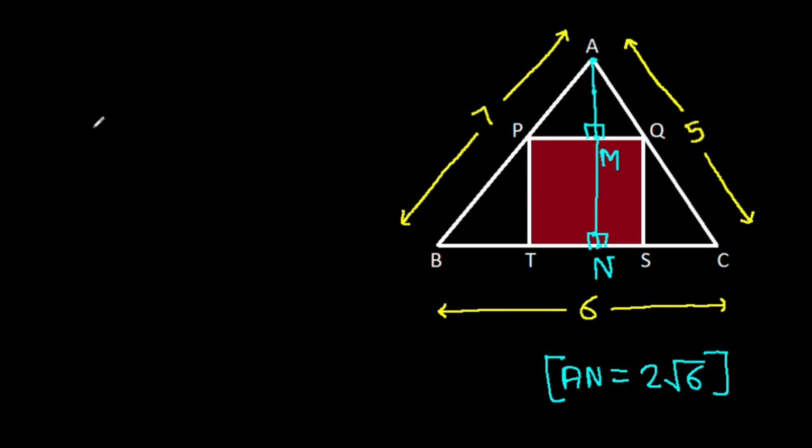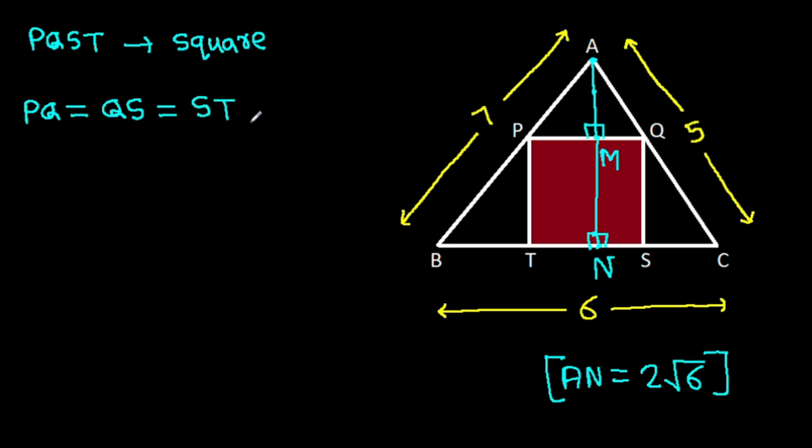Now we know that PQST is a square. So PQ will be equal to QS, equal to ST, equal to PT.